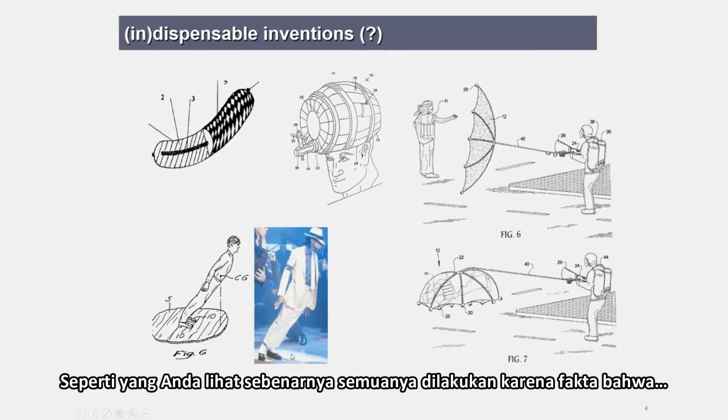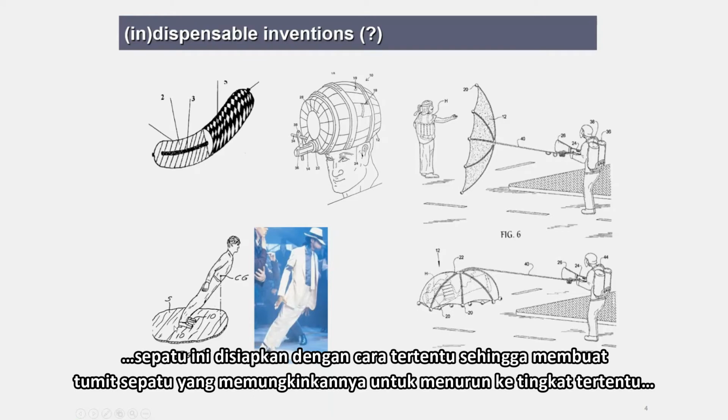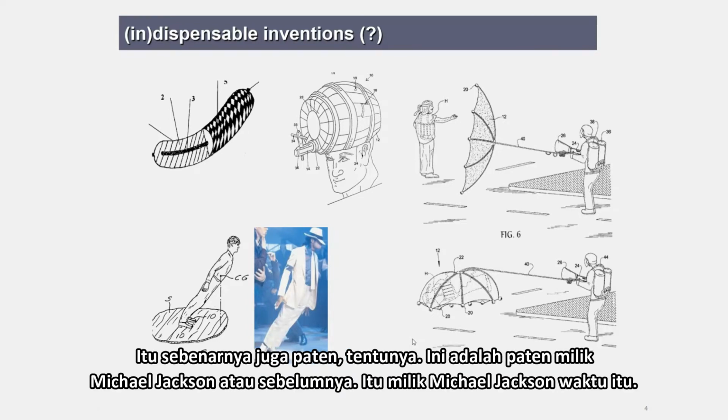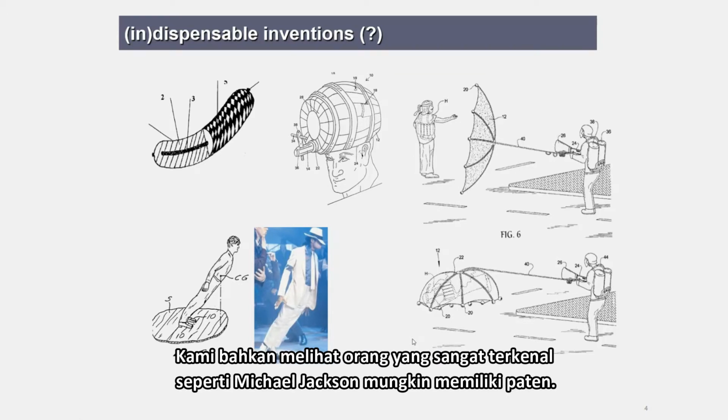As you see, the whole thing is done because these shoes are prepared in a certain way so that the heel gives him the possibility to decline to a certain degree, which is quite unusual, unnatural, and gives him the possibility to come back to the situation before. That is also a patent, of course. That's a patent which belongs to Michael Jackson, or it belonged to Michael Jackson at that time. So you see, even a very famous person like Michael Jackson might have a patent.